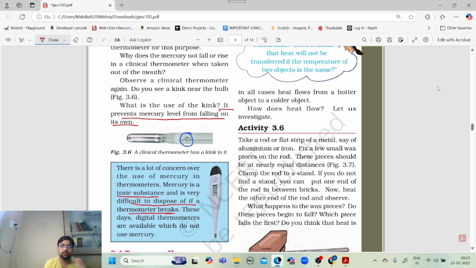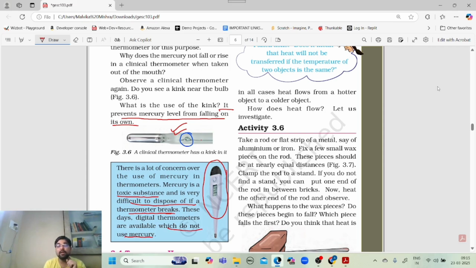If you just dispose of it as it is, it will harm the environment. So nowadays these kinds of thermometers are replaced by digital thermometers, which do not use mercury.